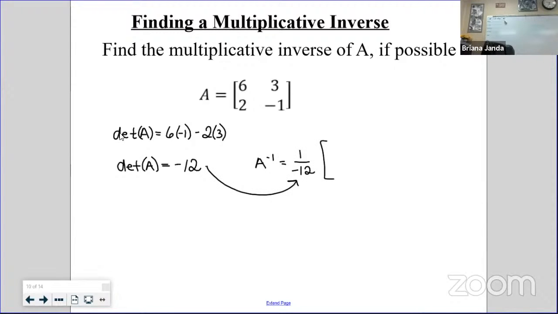which we will distribute that -1/12 through, switch A and D, change the sign on B and C. And now I'm going to distribute that 1/12 that is sitting outside here to every term and simplify.